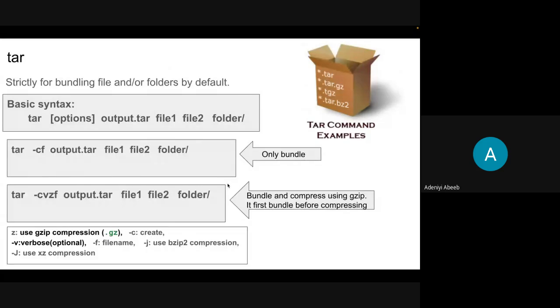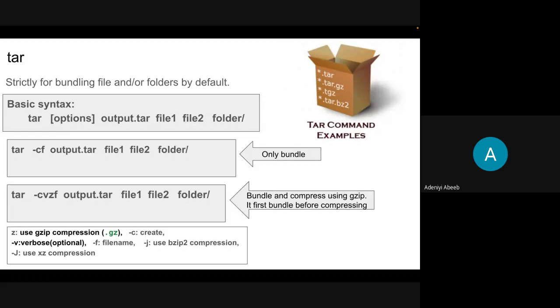We also saw tar. I told you that tar is in a way similar to zip, but tar is not really a compression tool. It's just a way to bundle things together.